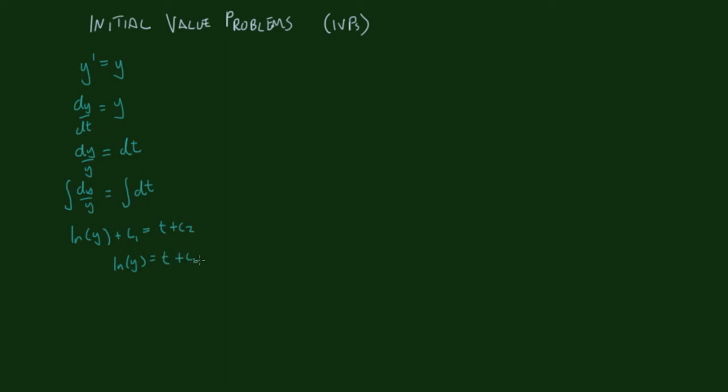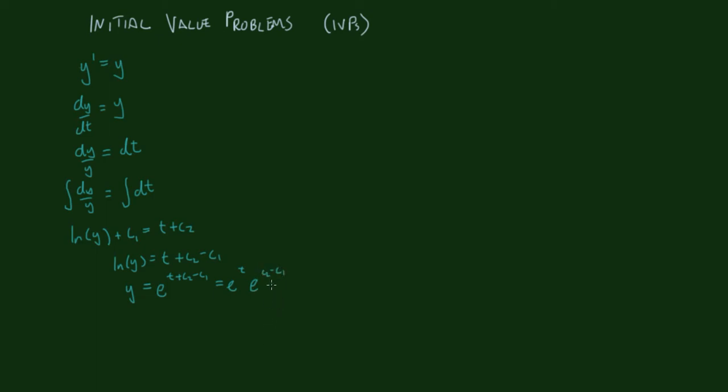plus c2 minus c1. So in order to solve for y, if I take exponents of both sides, that gives me y equals the exponential of t plus c2 minus c1, and using the laws of exponents this gives me e to the t times e to the c2 minus c1.